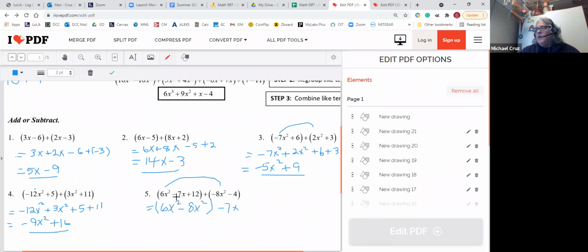And then there's not one like that, see, over here. And then these are alike. So that negative 7x is all by itself. So what happens on the other two? 6 positive, take away 8 is negative 2x squared. The negative 7x just comes along because it does not have another like term.